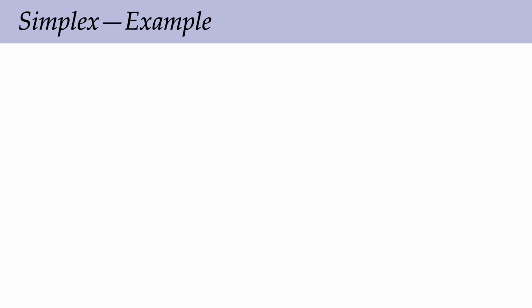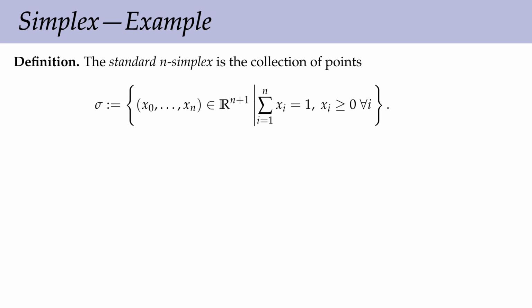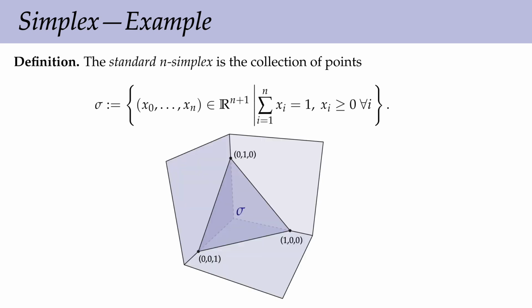Here's one important example of a simplex, which is something called the standard n-simplex. The standard n-simplex is the collection of all points sigma that have coordinates x0 through xn in R^(n+1). And as always, these coordinates sum to 1 and are greater than or equal to 0. What does this look like? It looks something like this. Right?